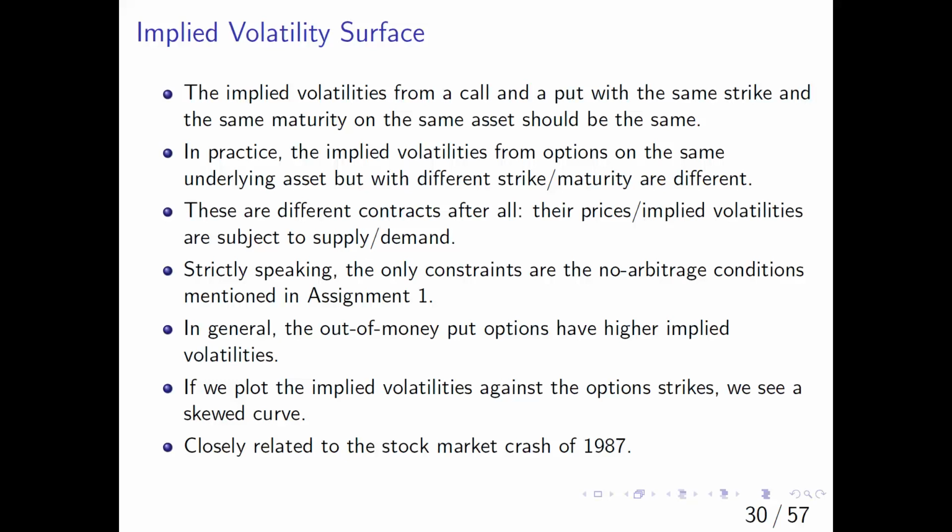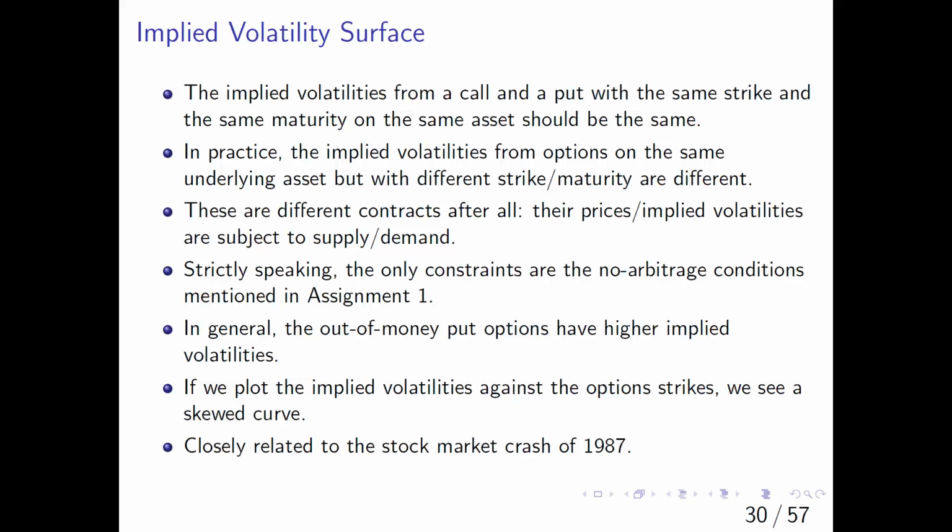So the call and put should have the same sensitivity with respect to volatility, which means when you calculate the implied volatility, they must have the same implied volatility. Otherwise, it implies there are arbitrage opportunities. Okay?